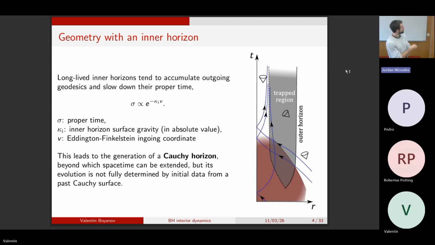And this discrepancy becomes so large that an infinite time can pass for the outside universe, while only a finite time passes for these observers.